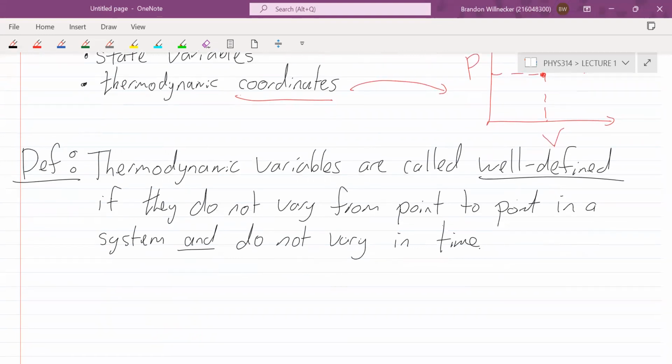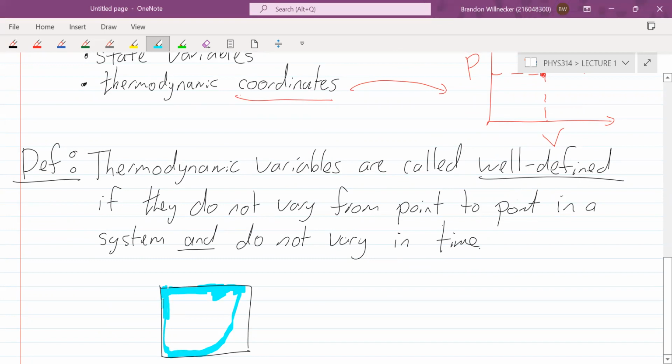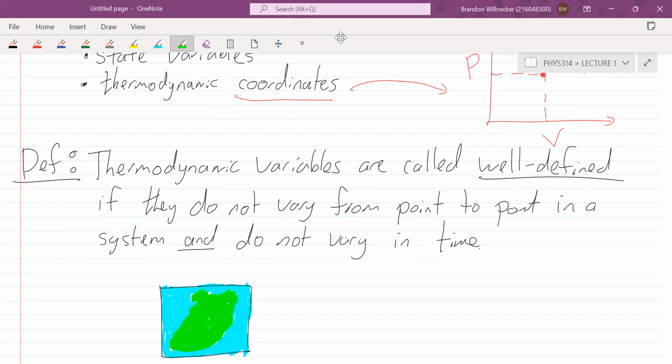So just as a little example, let's say that we have a block of metal or something like that, and it has a weird density that looks something like this. Okay, so let's say blue means low density, and then let's say green means high density. So we've got low density and then something, and in the middle, there's high density.